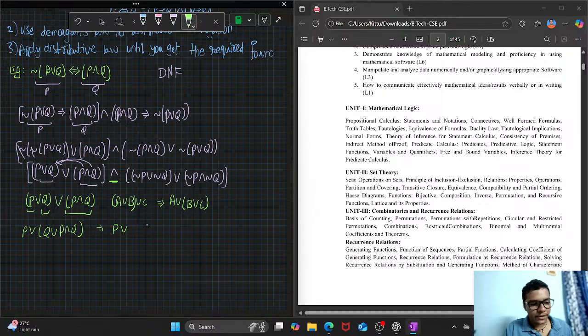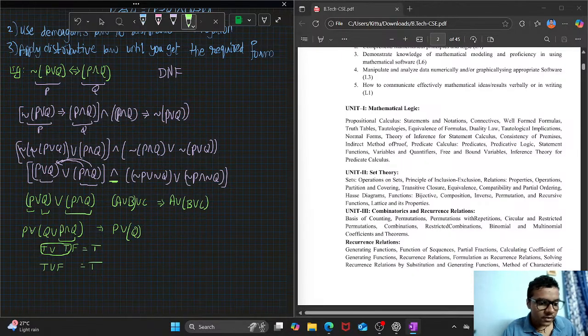So from here it is just Q. How is it just Q? Because let's say there are only two cases, right? This is either true or this is either F, right? And T or T is T. If you take these two, that is actually the same as Q. T or F is also T. So regardless of the value, this comes out to be Q, right?